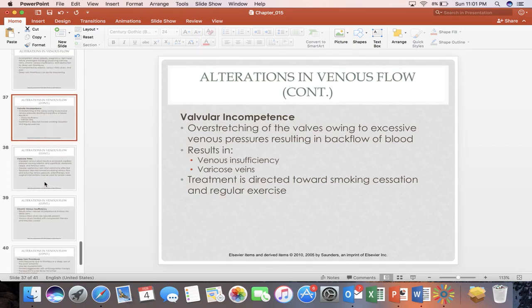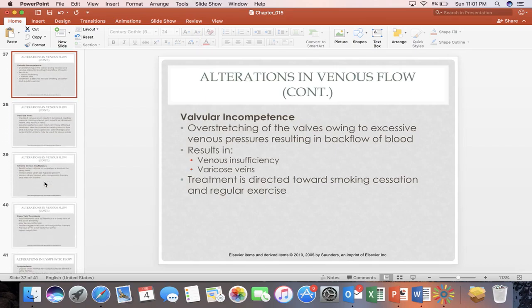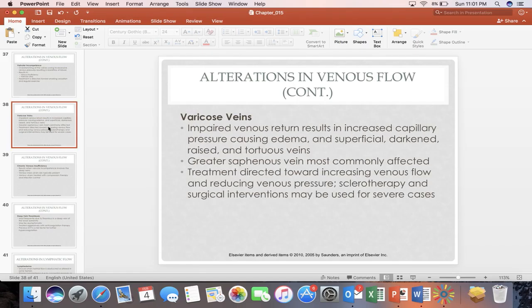Valvular incompetence. Overstretching of the valves owing to excessive venous pressure results in backflow of blood, which leads to venous insufficiency and varicose veins. Treatment is directed towards smoking cessation if applicable and regular exercise.